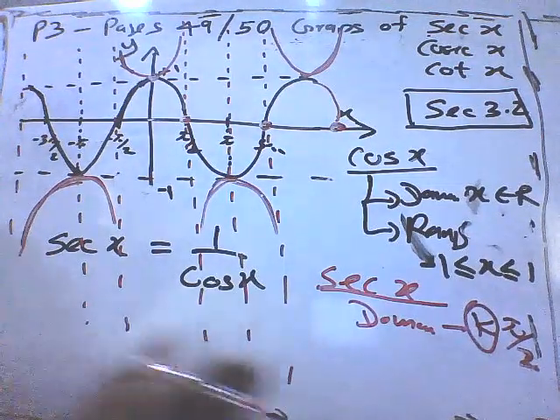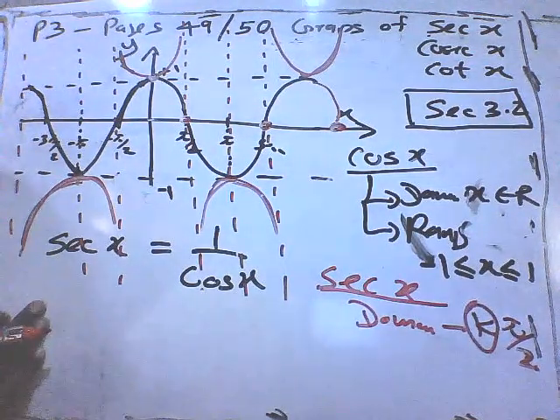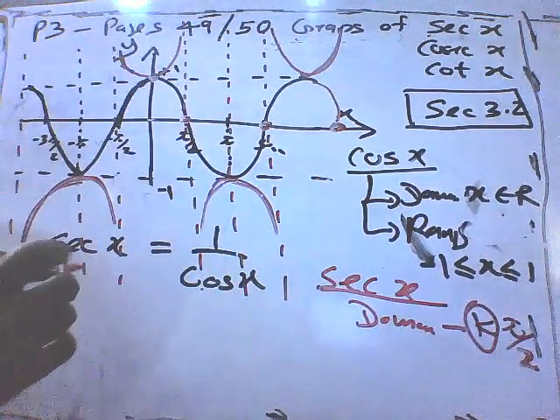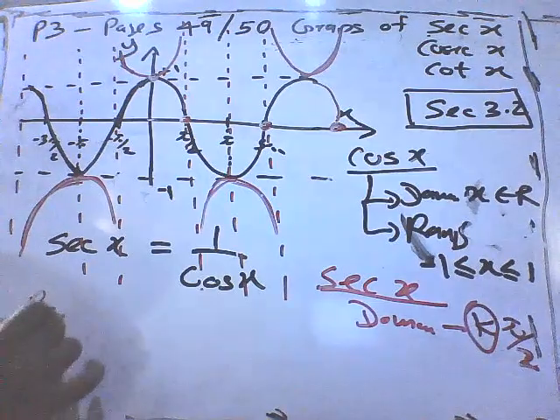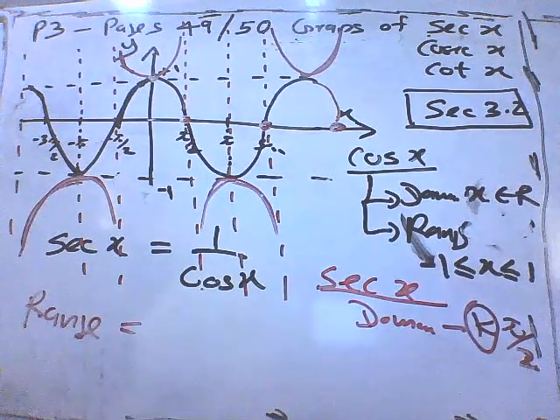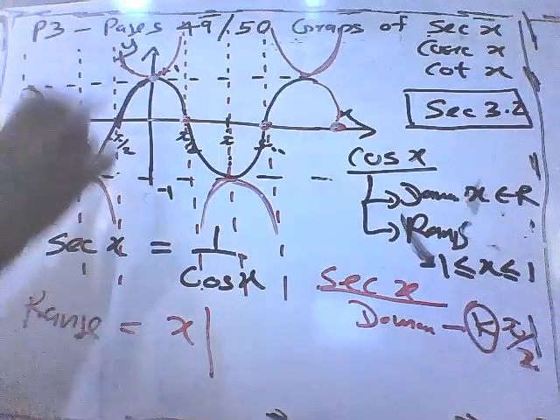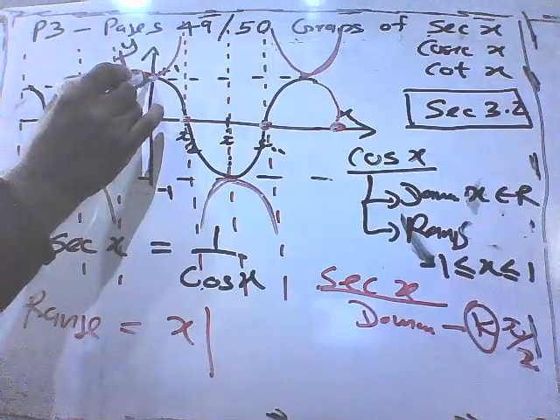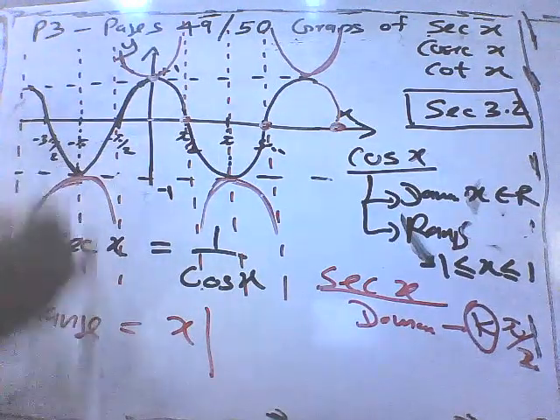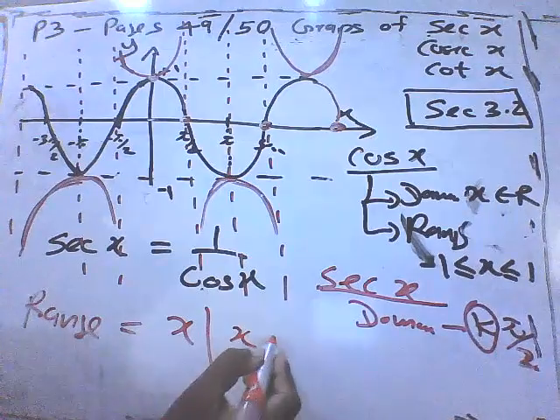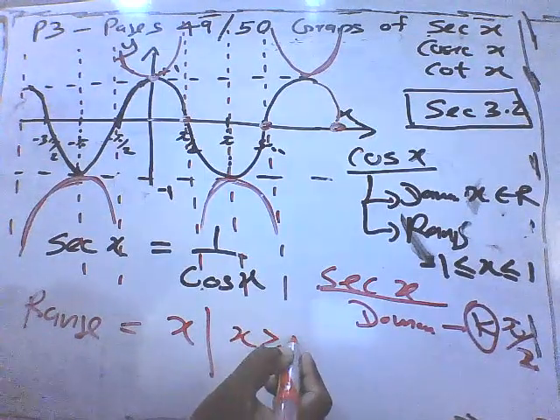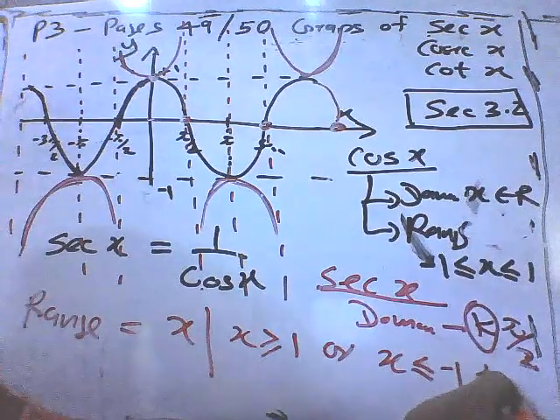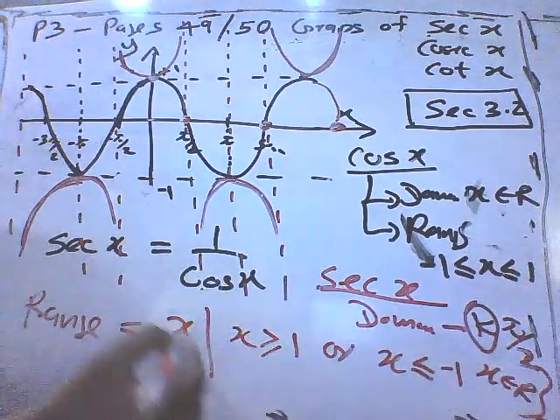Now what about the range, right? What about the range? This is actually a little unclear. Again, I will erase everything and draw and explain sec x. If you take the range, the range would be x such that x should be greater than or equal to 1, or x is less than or equal to -1, and x belongs to R, right?